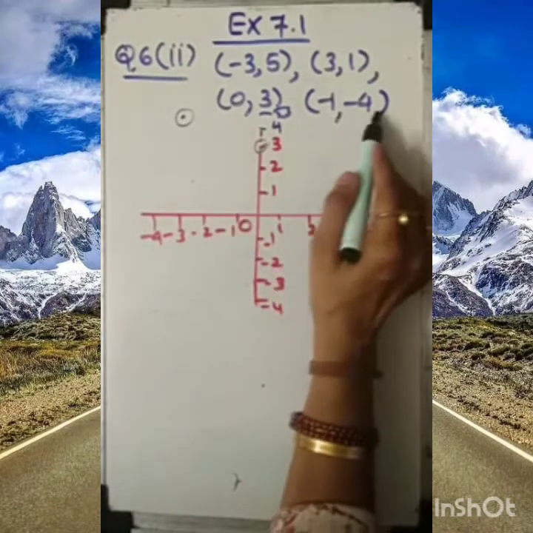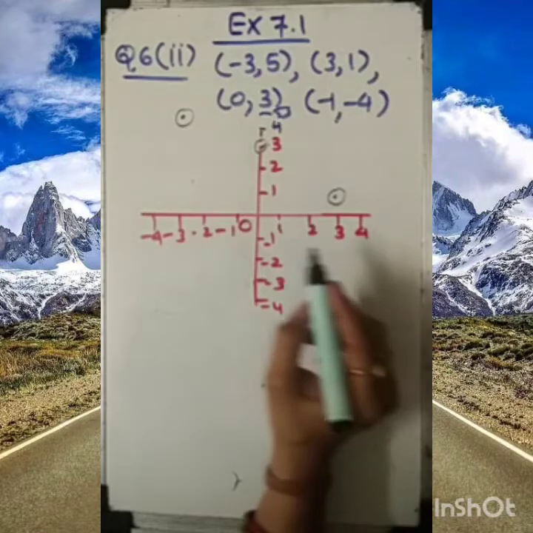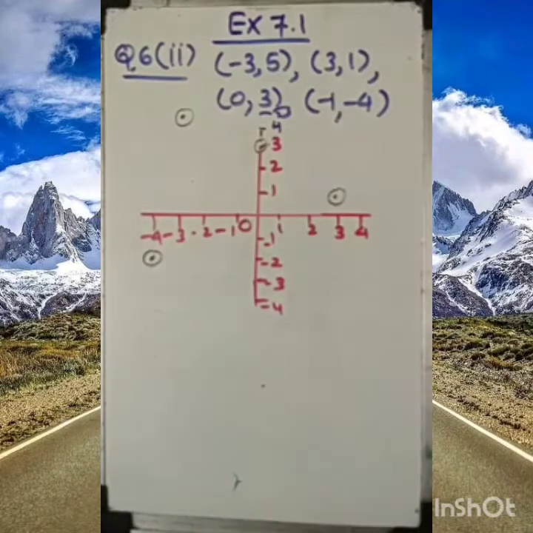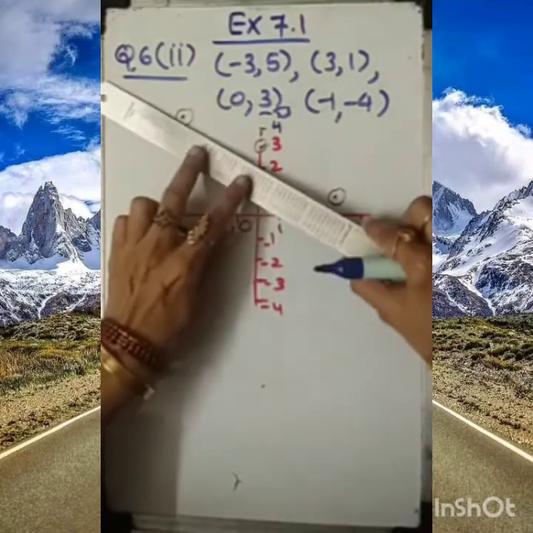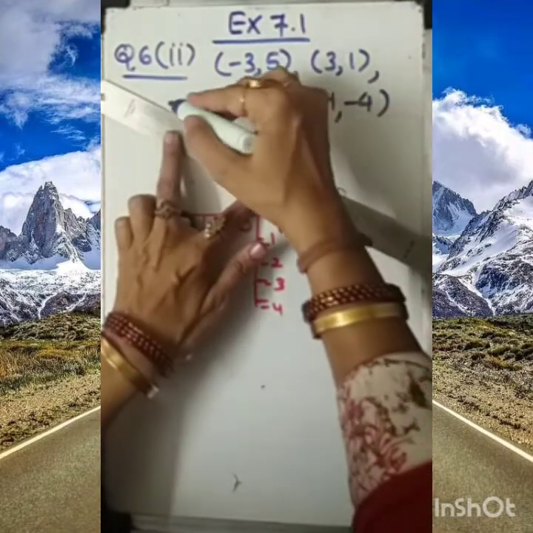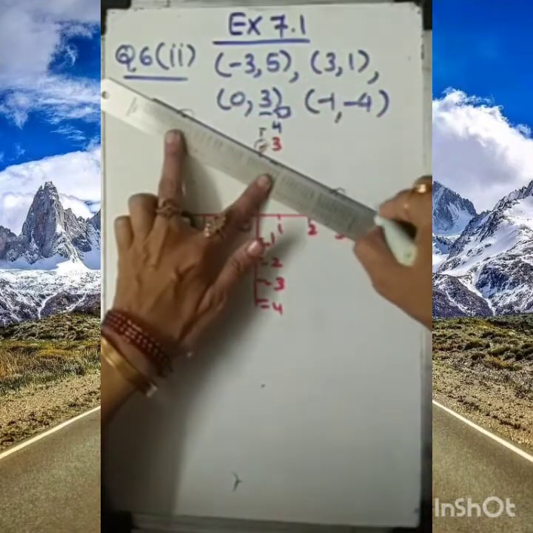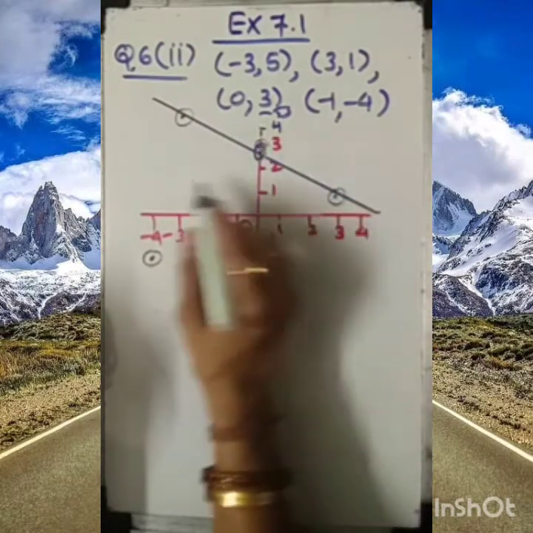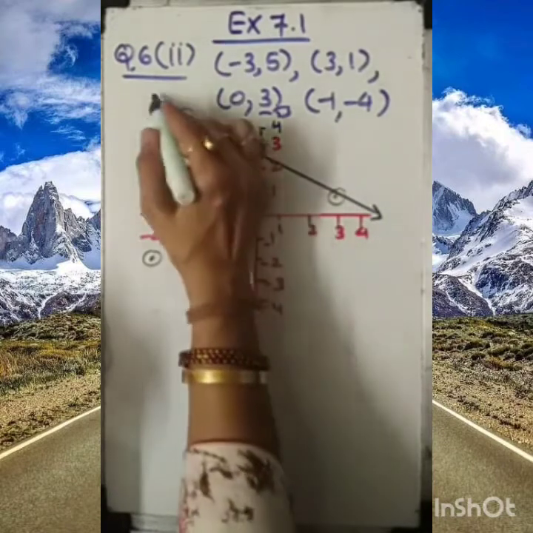And minus 1, minus 4 somewhere here. Now, if you observe carefully, these 3 points lie on the same line. But one of the points is different.